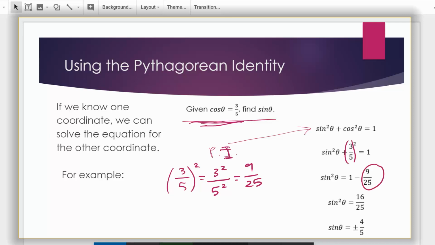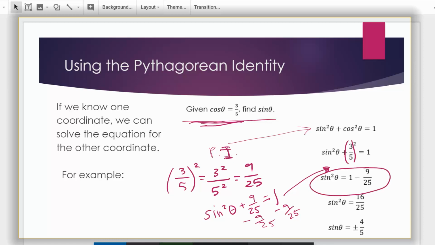Once you get that, you have sine squared theta plus 9/25 equals 1. That's the intermediate step right here. Then you subtract 9/25 from both sides, and that's how we get this step here.